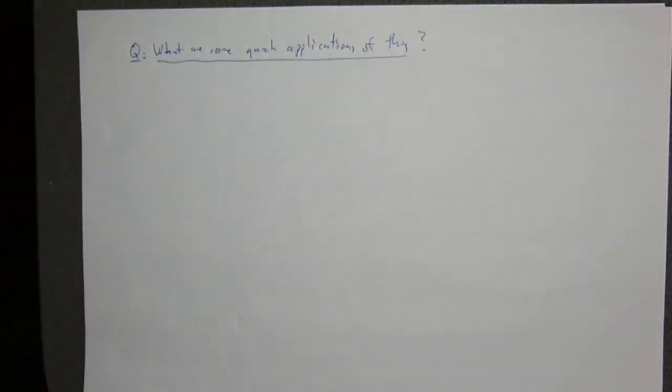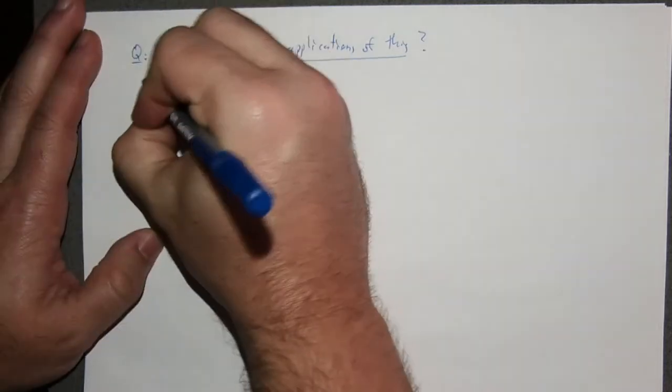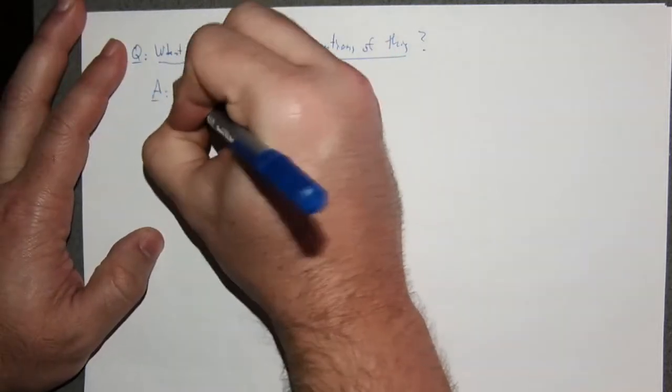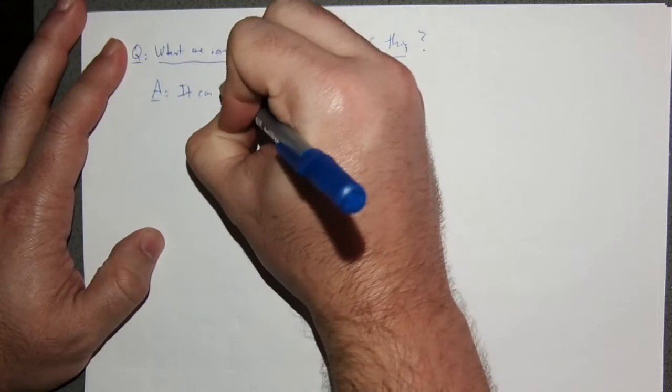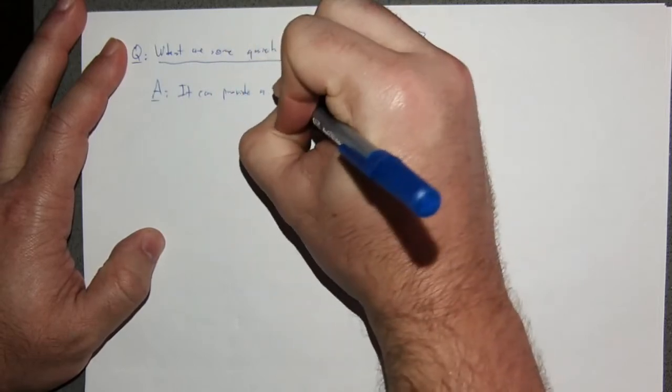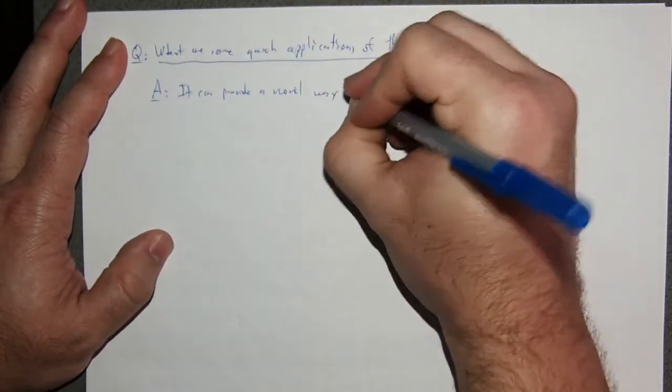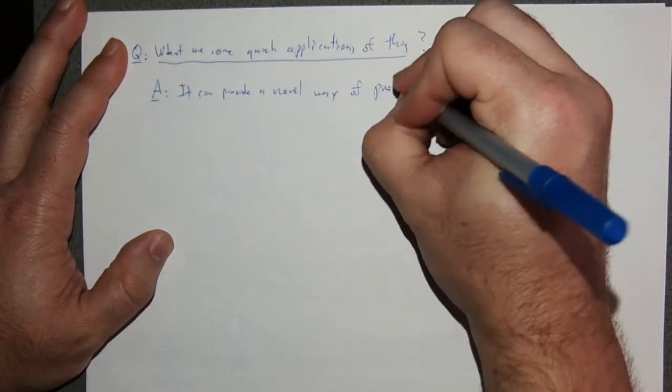You can use this remainder theorem to prove some inequalities that maybe otherwise you wouldn't understand how to prove. So the answer is it can provide a novel way of proving certain inequalities.